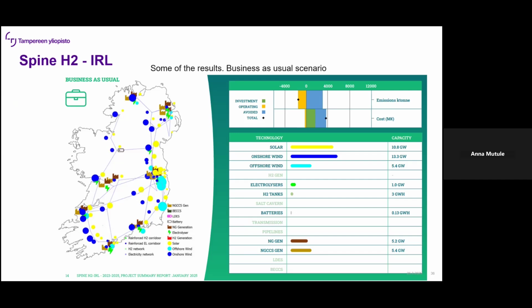Most flexibility comes from the existing system and a small amount of battery and hydrogen storage. Emissions remain relatively high, at just over 2 million tons of CO2, and costs are lower than in net zero scenarios. Let's say the decarbonization potential, especially beyond the power sector, is limited.